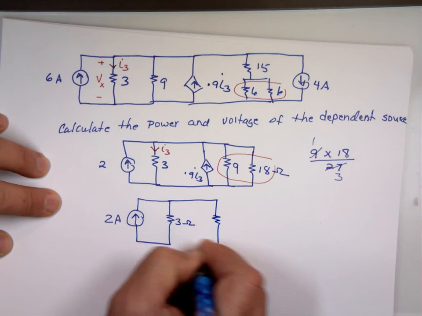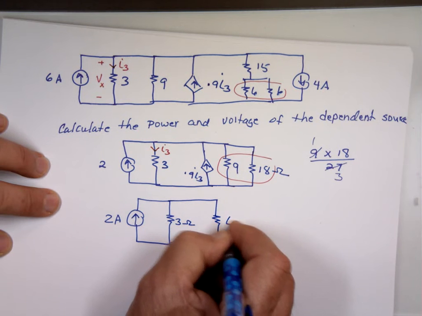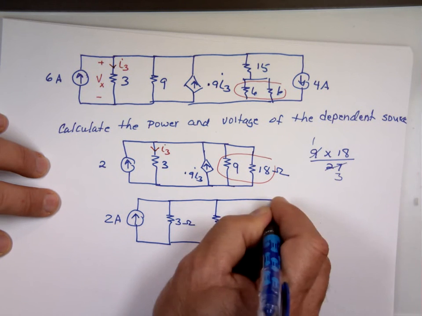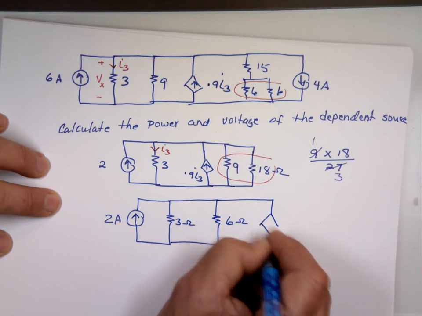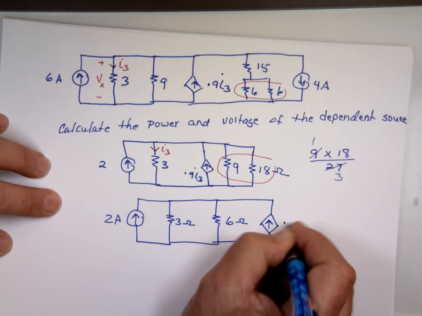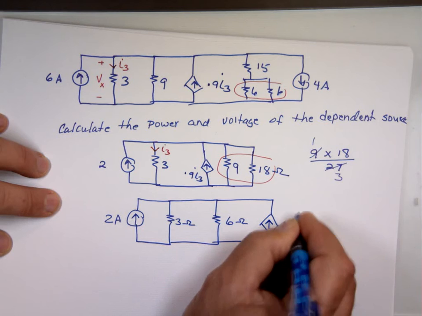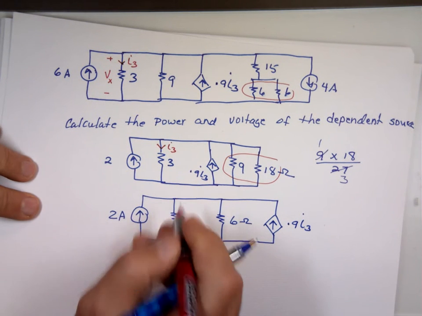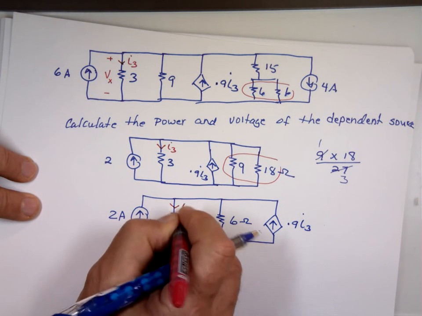We said 6 here, the last one. And this is I sub 3. Now the circuit becomes a little bit smaller, more manageable.